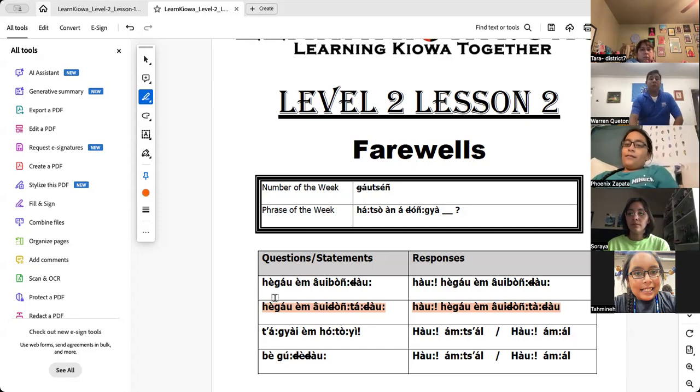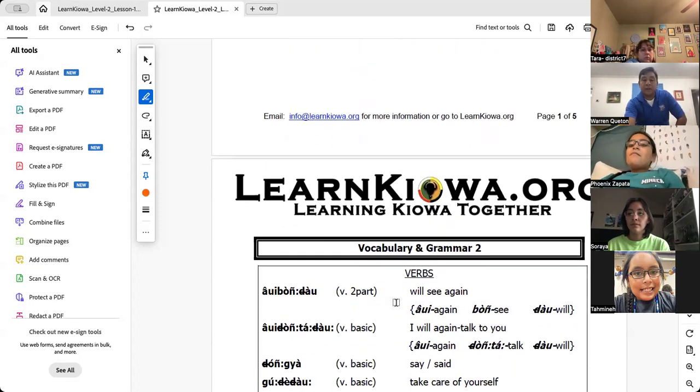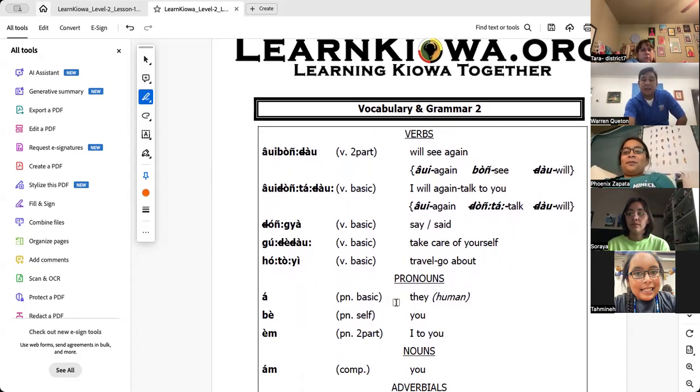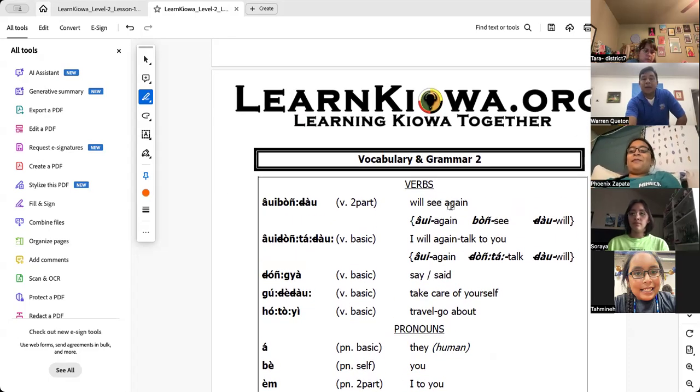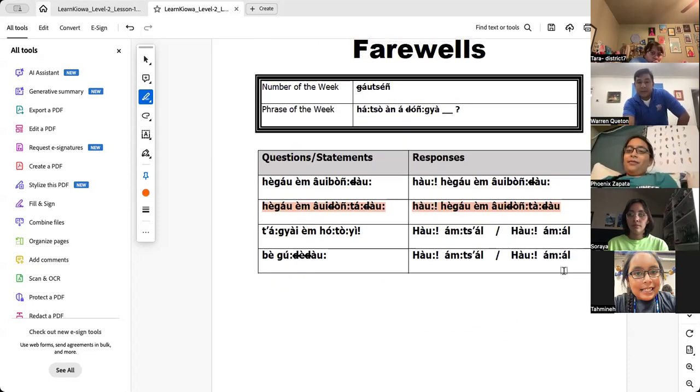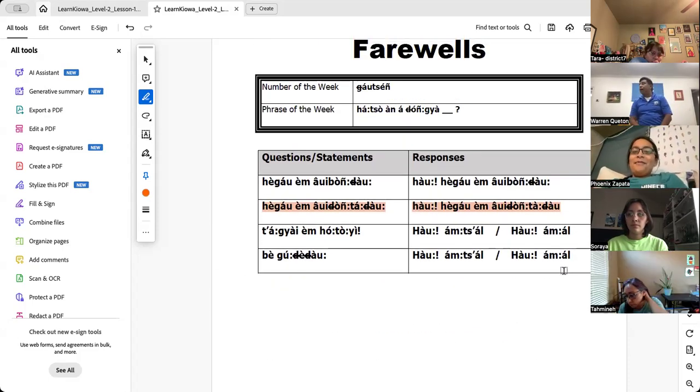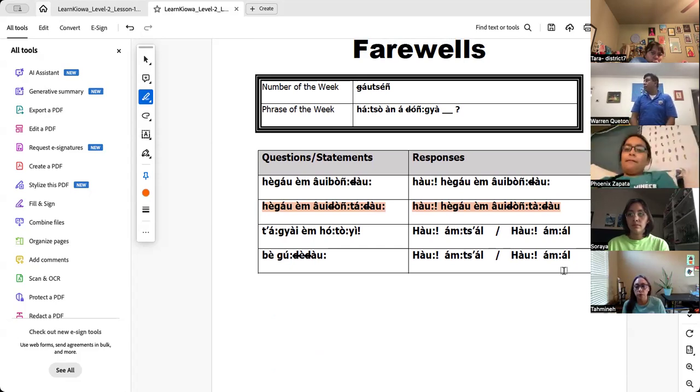That is basically the root of that word. It means like talk to you again. Don't ha means to talk, and then ta is like the future. So you're saying Hagar am I don't ta to.